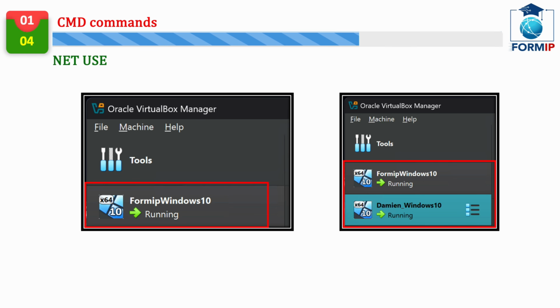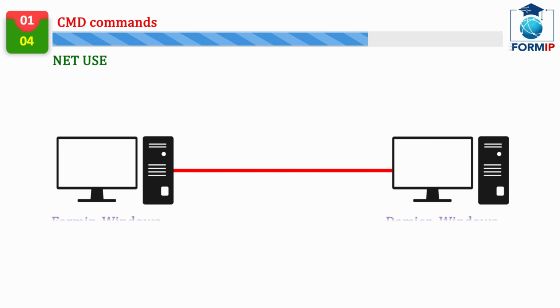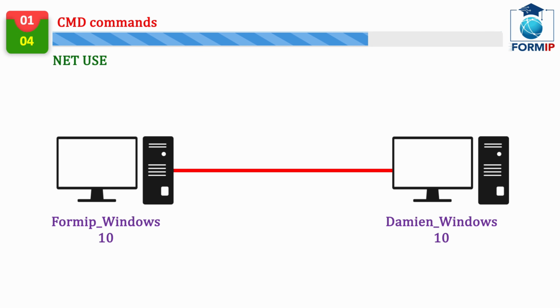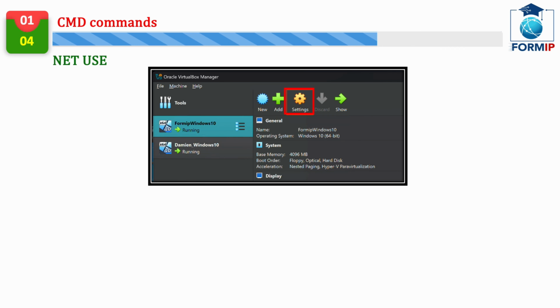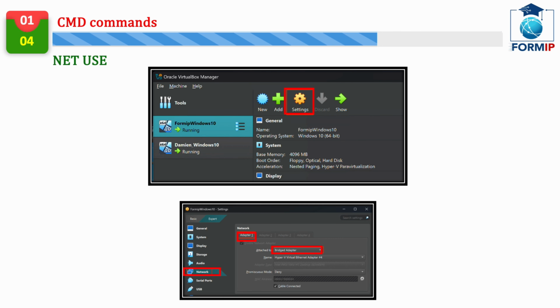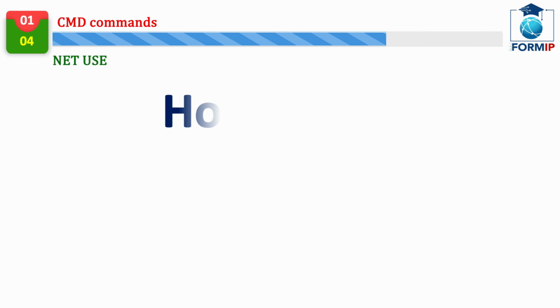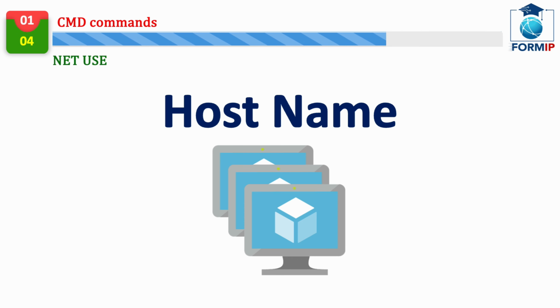Now what we want is for the 2 VMs to be able to communicate together, and for that, we'll have to make some changes. On each VM, go to Configuration, and in the Network tab, choose the Bridge Access mode. Change the name of the host. Then, to make it more easy to remember, we will change the host name of each of the PCs.